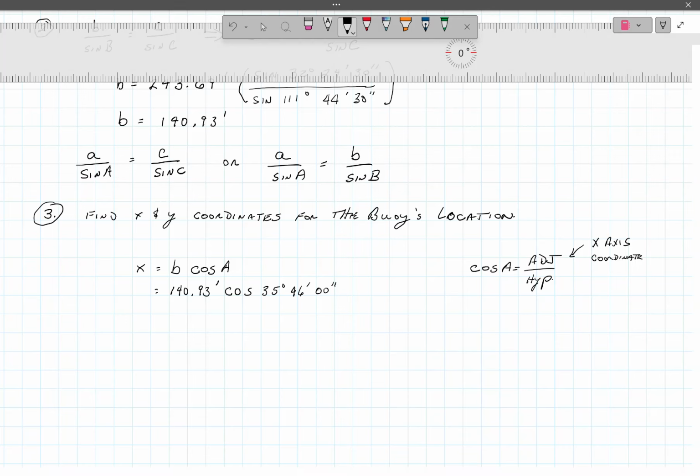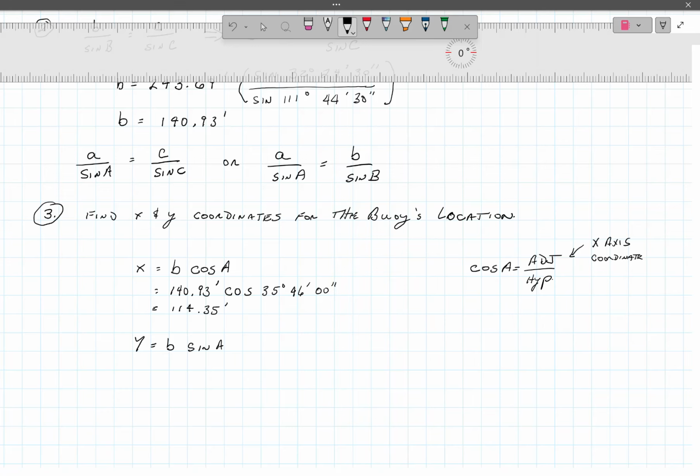And if you multiply that all out, we will get 114.35 feet.